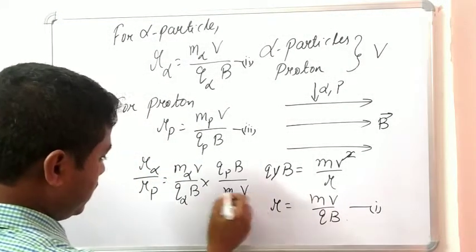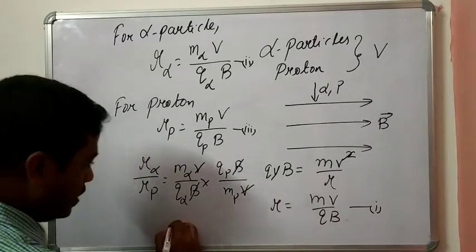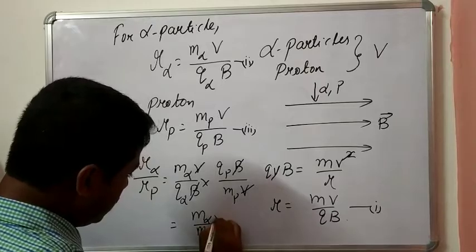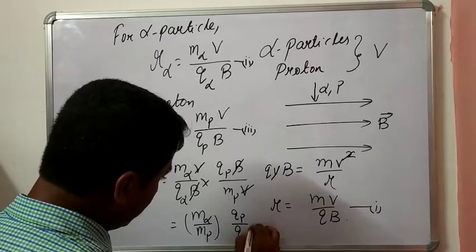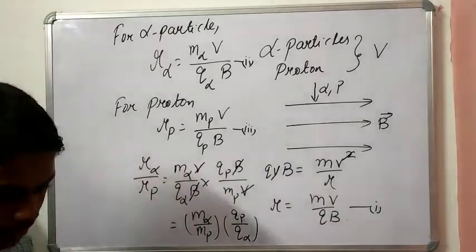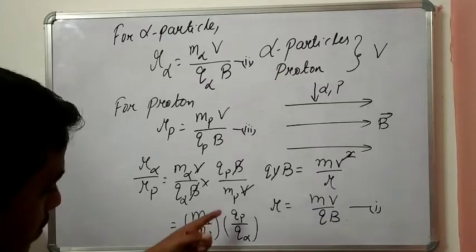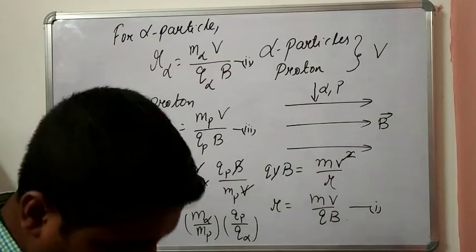Here the magnetic field and magnetic field get cancelled, velocity and velocity get cancelled, so the remaining part will be the mass of the alpha particle by the mass of the proton, into the charge of the proton by the charge of the alpha particle.